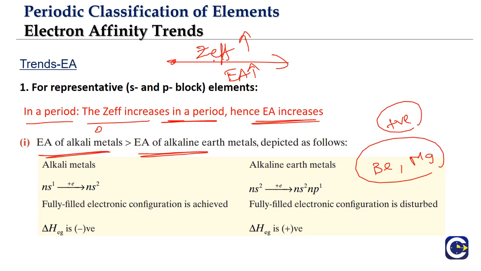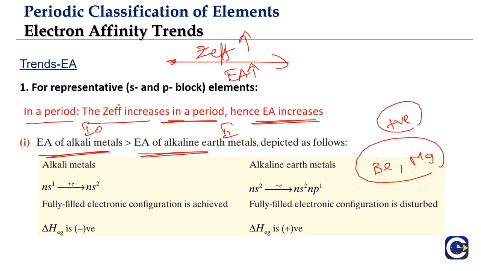Normally left to right means it must increase. Alkali metals are the first group, alkaline earth metals are the second group. So moving from left to right, it must increase. But exceptionally, alkali metals have a higher electron affinity than alkaline earth metals.